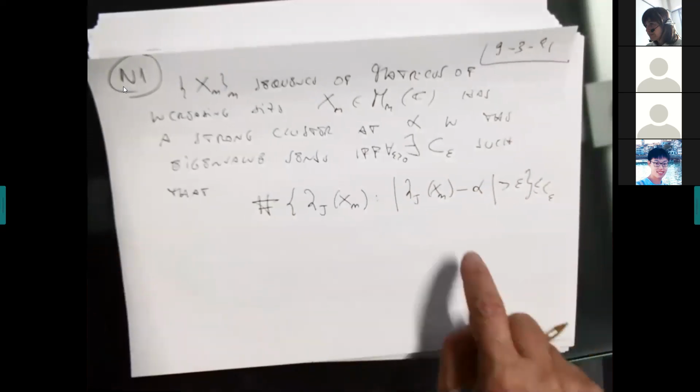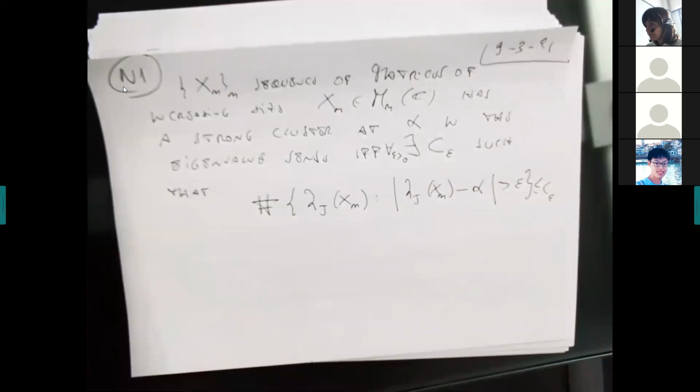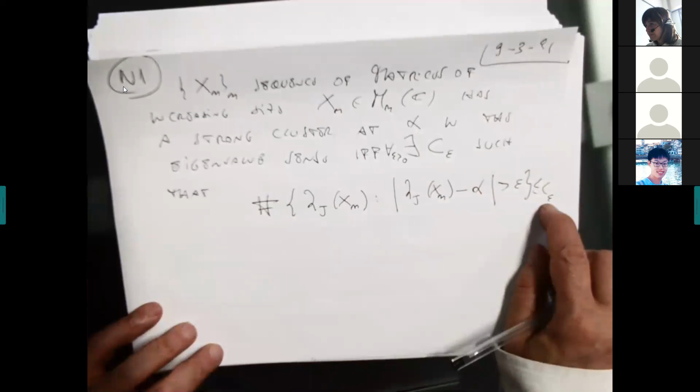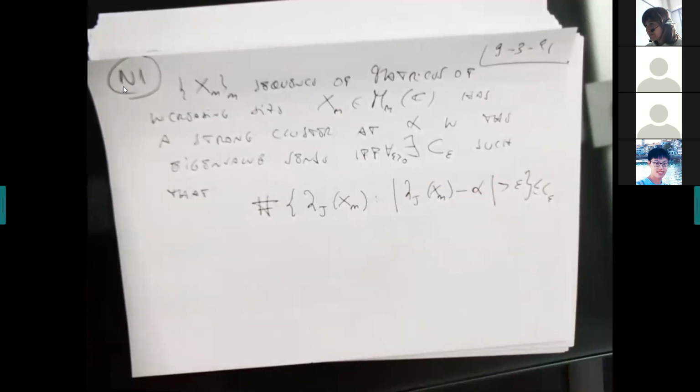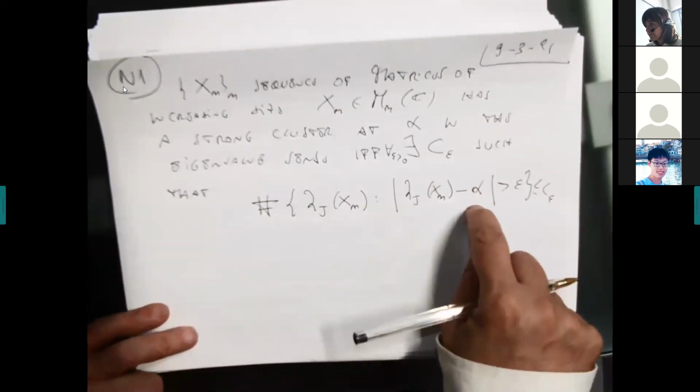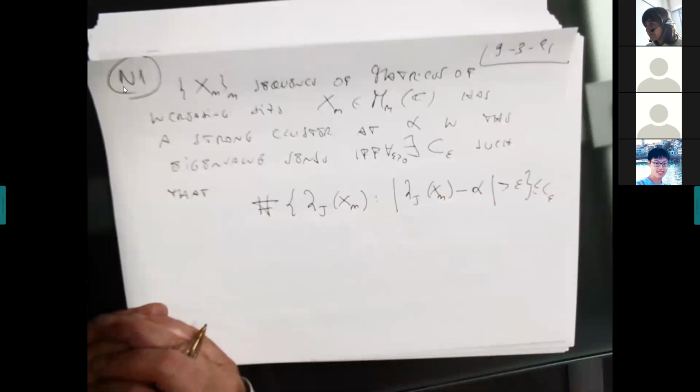So this means that if you have n equal 1 billion, 1 billion minus C epsilon eigenvalues are very close to alpha, their distance is less or equal to epsilon, and only few of them are outside this small disk centered at alpha. Okay?